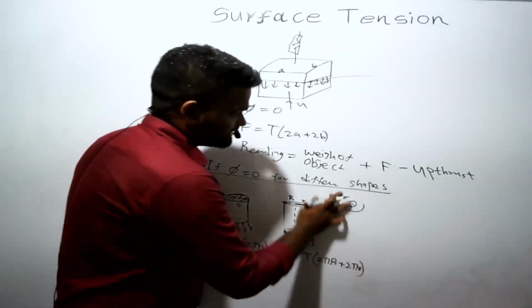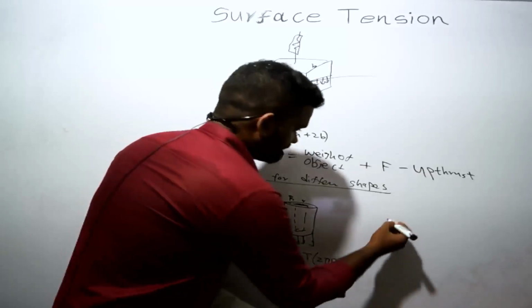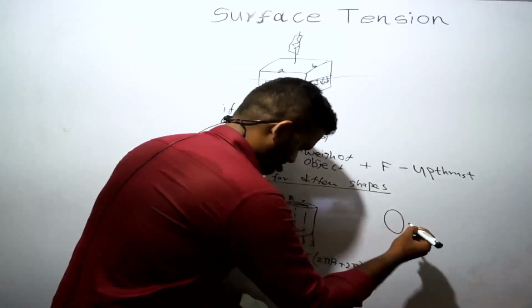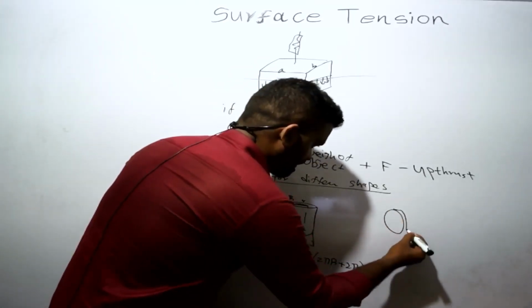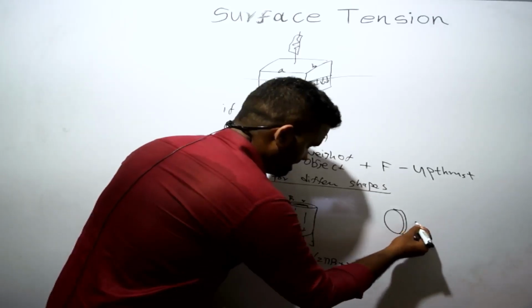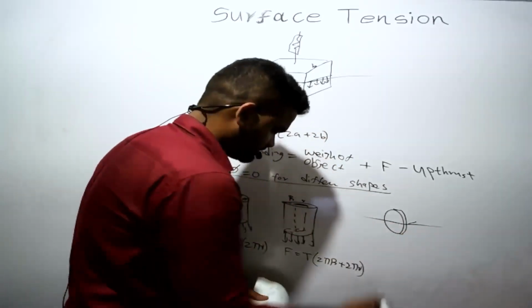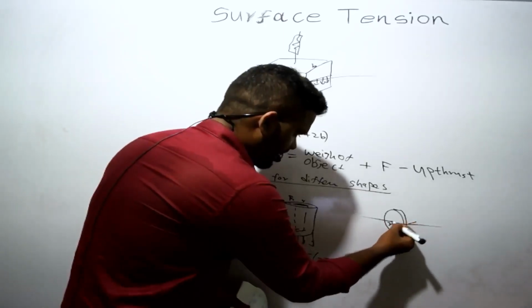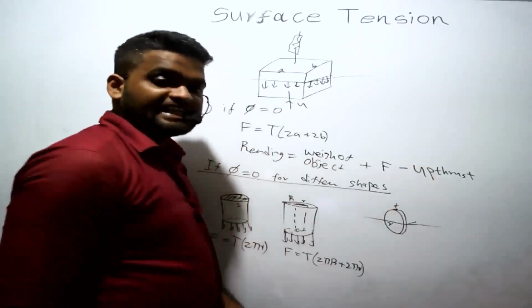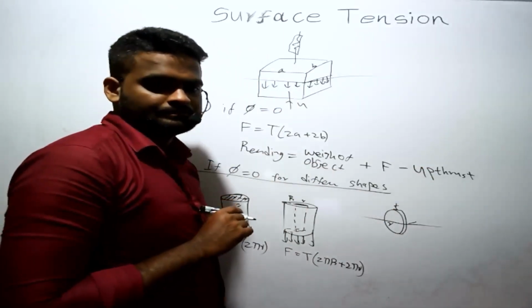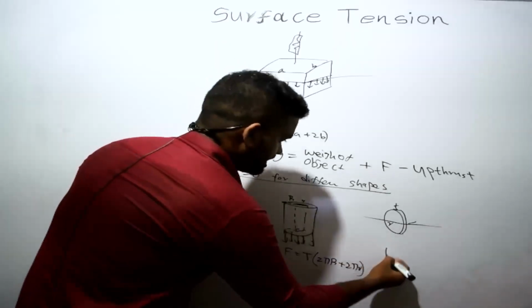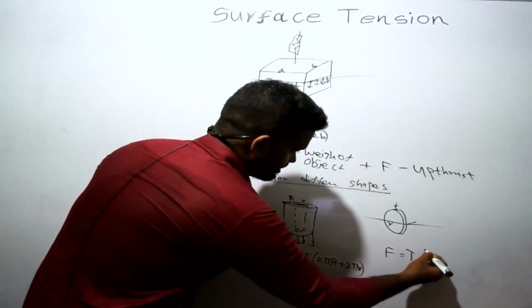Then another one, let's say a coin. Let's say you immerse half of the coin. Radius is r, thickness of the coin is small t. So how do you write the surface tension?